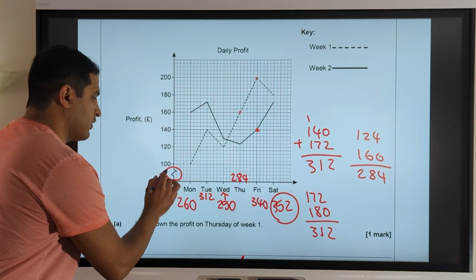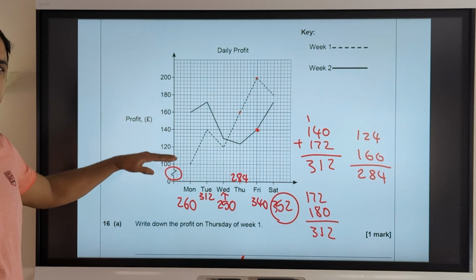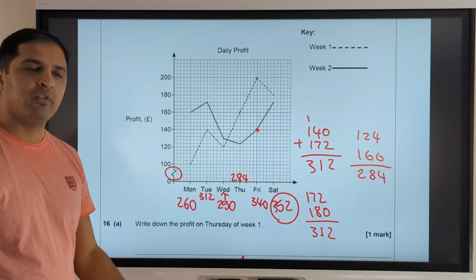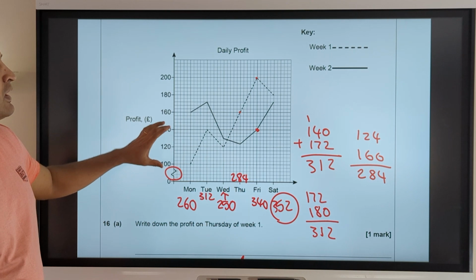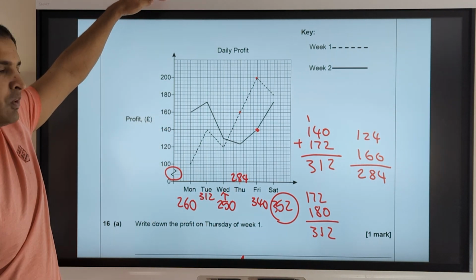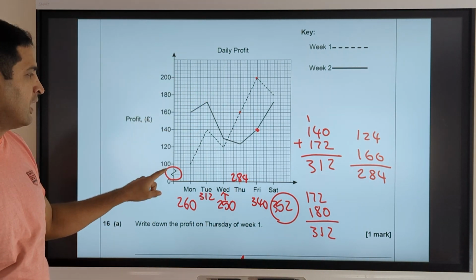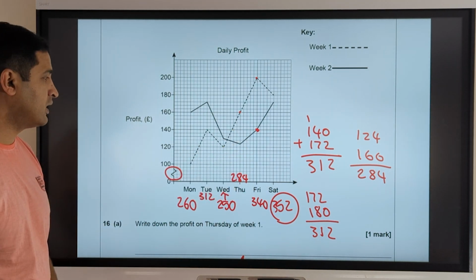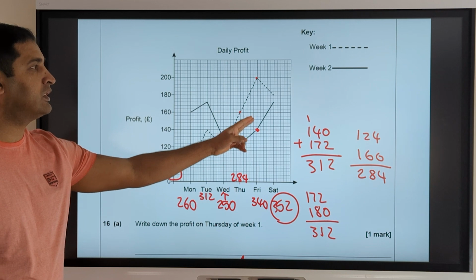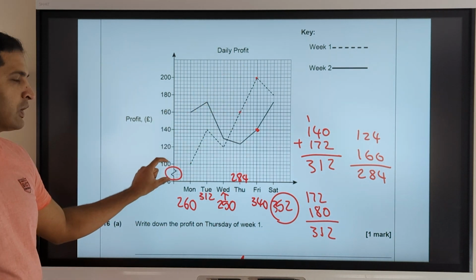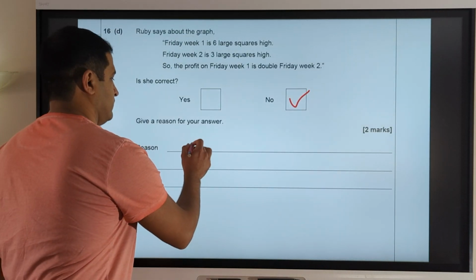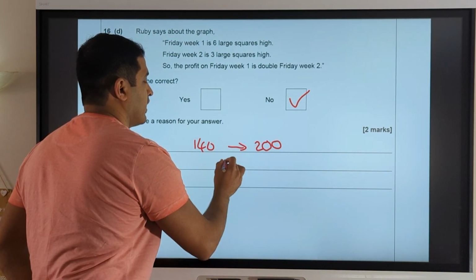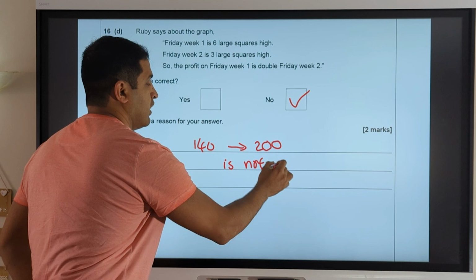That sign on the scale tells you they cut out the first 100 of the graph because it's irrelevant. We don't have any numbers below 100, so there's no point drawing a graph that goes empty up to 100 and then starts doing something. So this height wasn't actually 3 boxes. This height is way more than 3 boxes. It's meant to be 8 boxes, and that's 11 boxes if you include that part. 140 to 200 is not double.